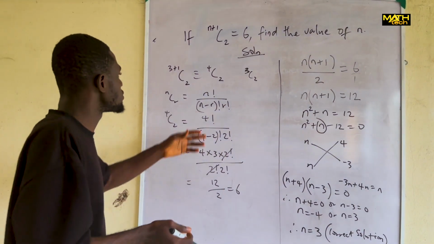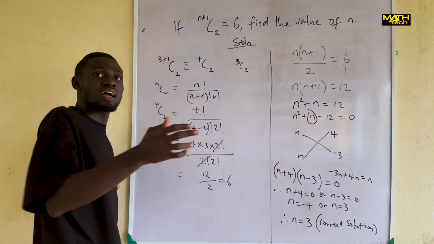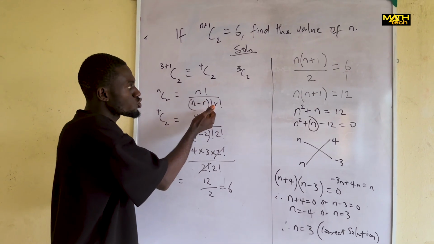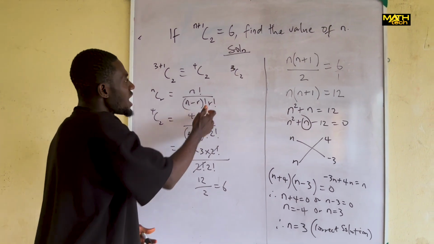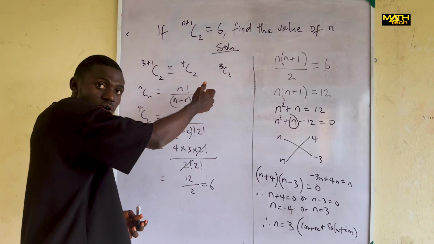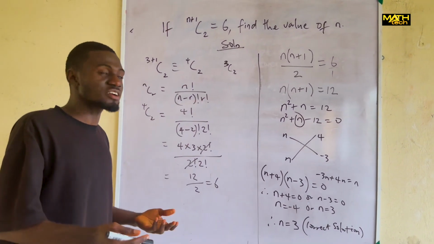A very quick approach. And substituting, at this point you'll be having 3 minus 2 to give you 1 factorial. And here you'll be having what? 2 factorial. When the 2 factorial goes with the 2 factorial in the numerator, we'll be having just 12 as our result.